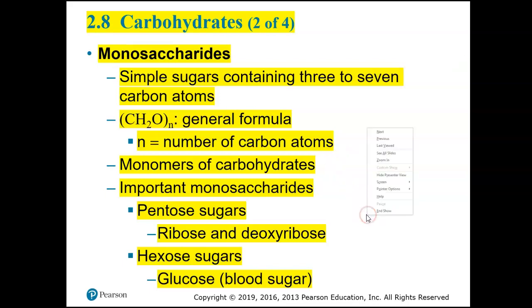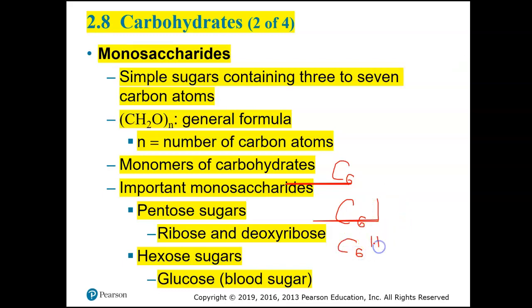So it's C6H12O6. That is the chemical formula for glucose, and you do need to know that.